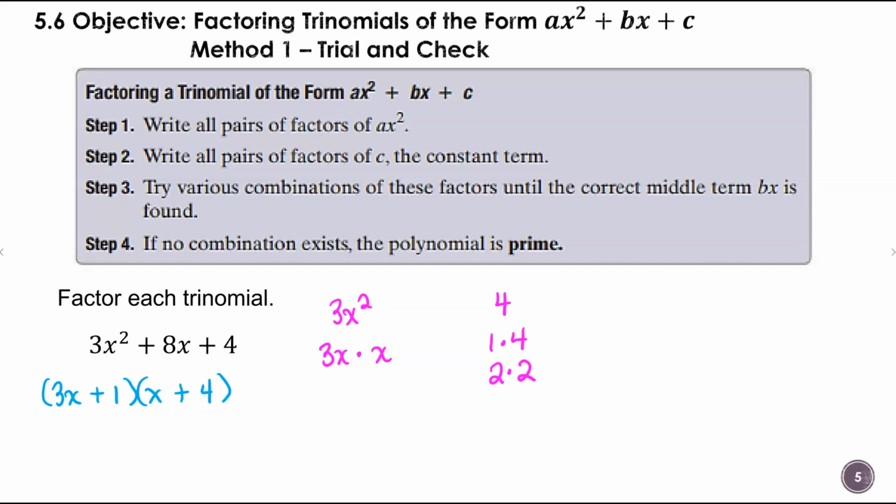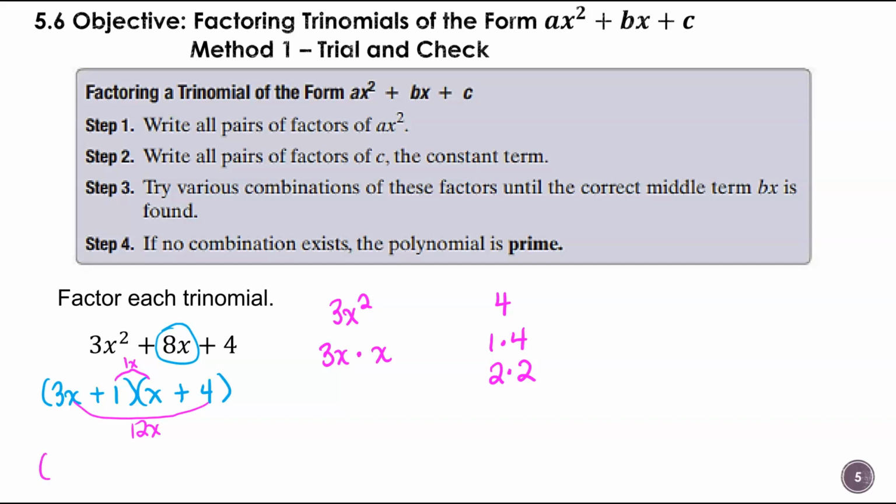Where you place the numbers matters also, because when you're checking to see, can I get an 8x? That's what I'm trying to see here. So let's check this. We have a 1x and we have a 12x, and you see that doesn't work, because when we add that, it needs to be 8x, and this would equal 13x.